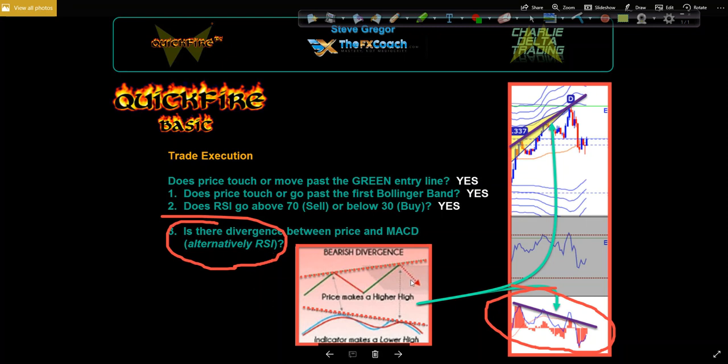Some of the questions were, are you using the plots or the histogram to do divergence? I don't know. Let's look at the training. Gee, the training showed the histogram. I wonder if it should be the moving average plot or if it should be the histogram. Well, go back to your training. It was the histogram.